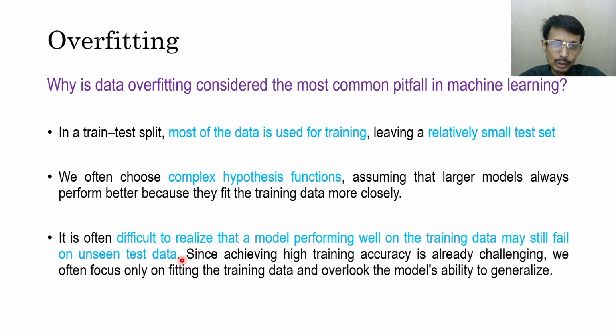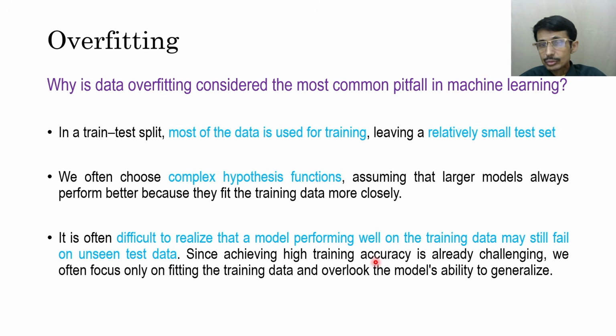This is a kind of human mindset: we realize that the model is doing well on the training data, so it should do well on the test data, but it may not always be the case, mainly in very challenging situations.